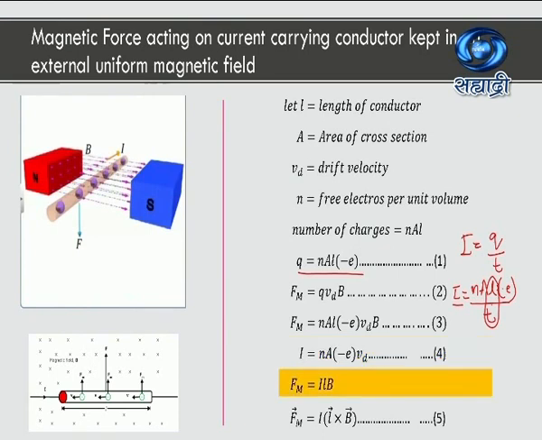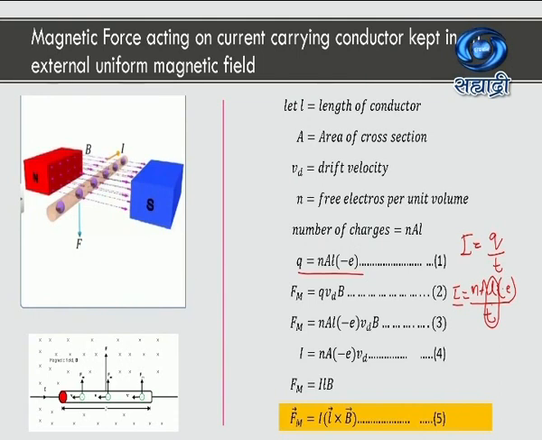So can we finally say that the magnetic force Fm is equal to ILB? Substitute this I equal to nA(−e)Vd in equation 3, we get the magnetic force Fm equal to ILB. In vector form, Fm vector is equal to I L vector cross B vector. Very interesting conclusion.